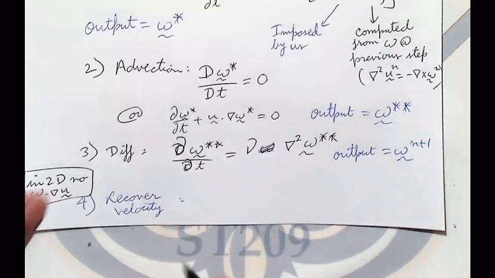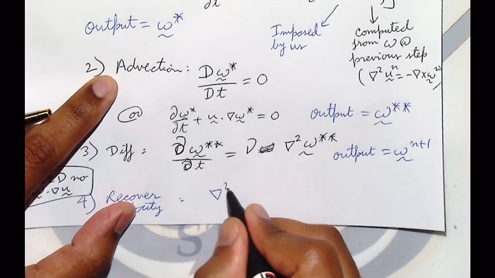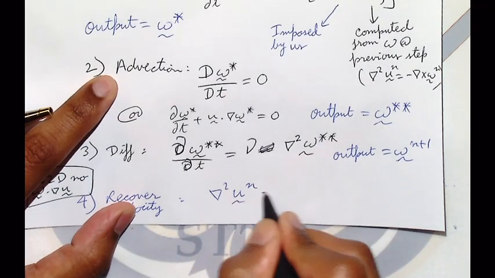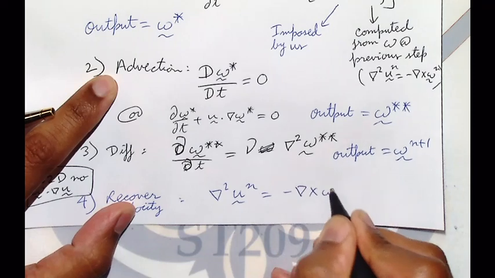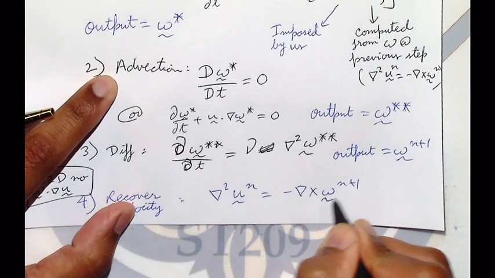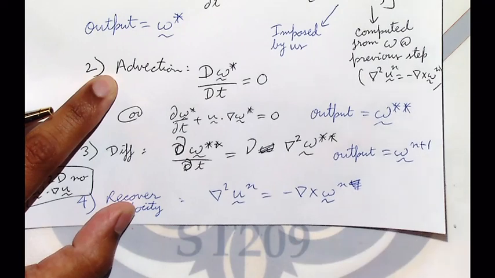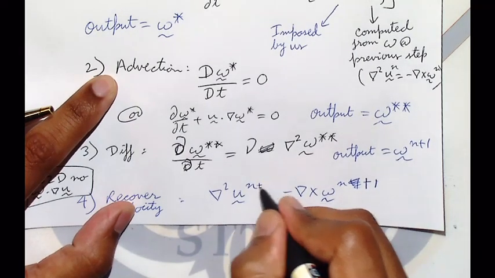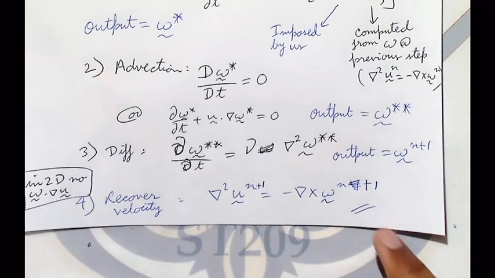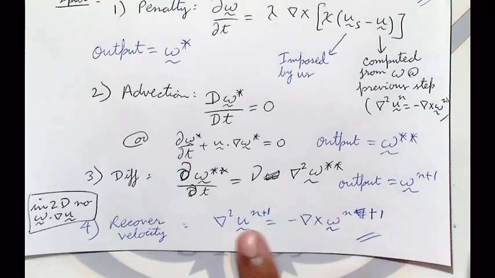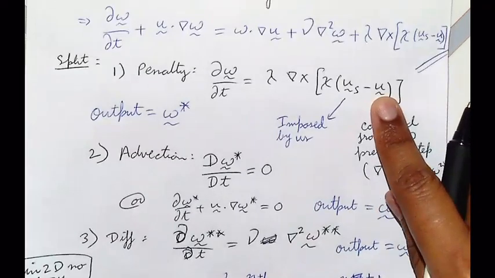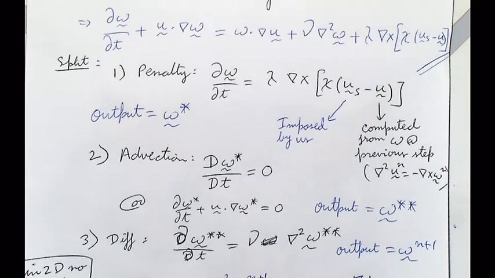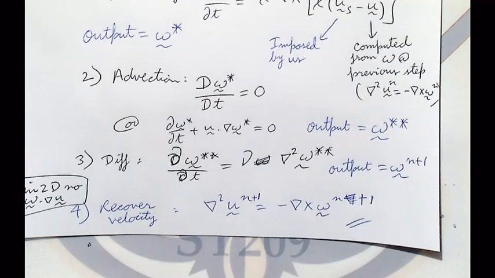Recover velocity using the formula nabla squared u^(n+1) equal minus nabla cross omega^(n+1). And when you go to the next time step, this u^(n+1) goes in here. Everything makes sense?